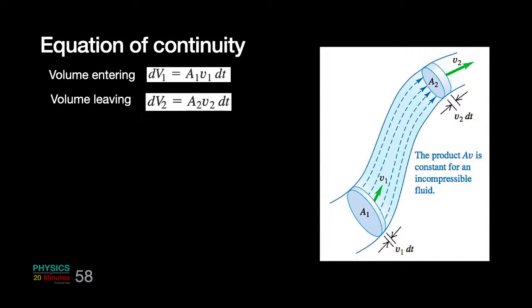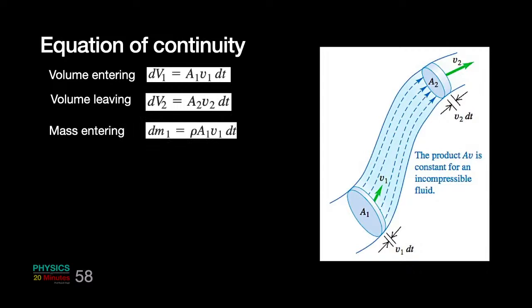In a very similar way, volume leaving the cylinder can be computed here, and it is the volume of this cylindrical disc. This is going to be A2, which is the cross-sectional area, into thickness, which is v2 dt. So it is going to be A2 v2 dt. So this is the amount of volume leaving the cross-sectional area.